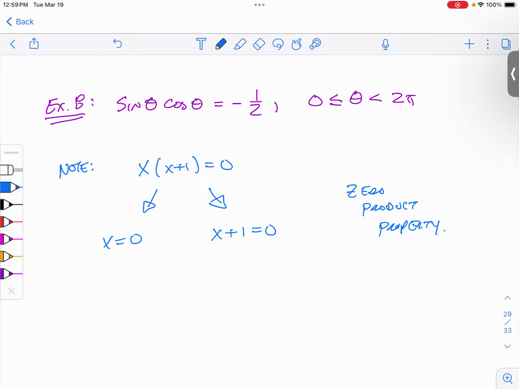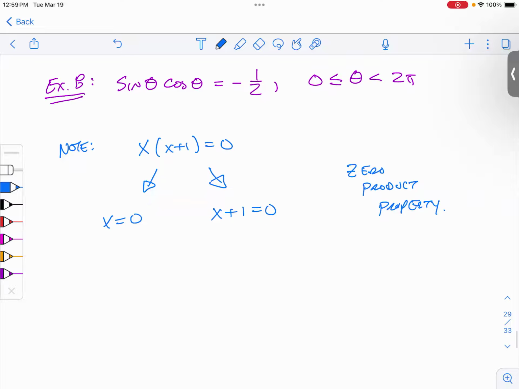The good news is that sine theta times cosine theta is close to something we've been working with. Specifically, sine 2 theta equals 2 sine theta cosine theta.